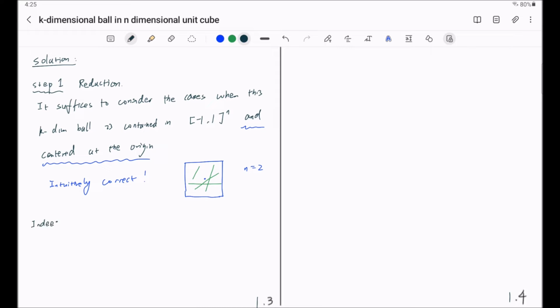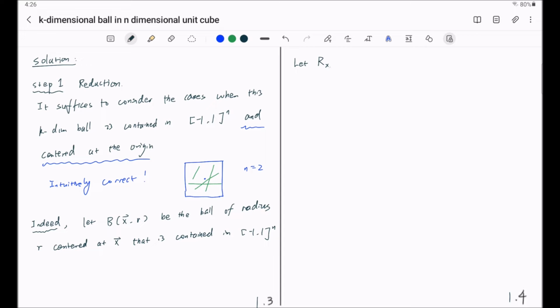Indeed, let B(x,r) be the ball of radius r centered at x that is contained in this cube. And let r_x from R^n to R^n be the reflection about x.